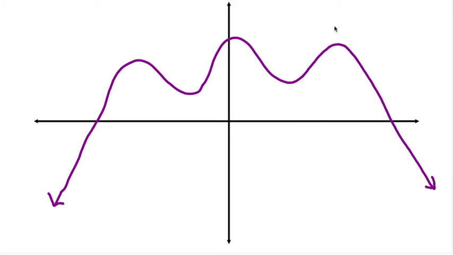So looking at this, do you see places where potentially the rate of change is, what's all this I'm circling? 0, right? So here we'd expect the slope to be 0, right? Okay. Do you see points where the slope is positive?